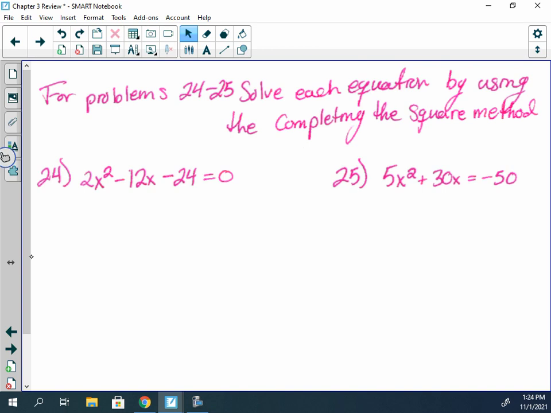If for some reason you don't remember how to do that method but know another one that would work, because completing the square and the quadratic formula work every single time, go on and do that and get the answers. There are points assigned to getting the correct answers as well as using the correct method. It's better to go on and get the correct answer using the wrong method than to not do it at all. Right? You write on your paper, you almost just about get a 50%.